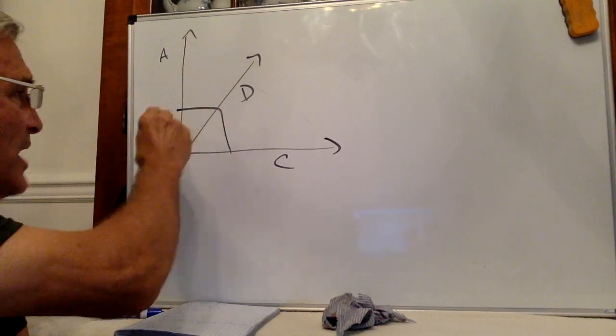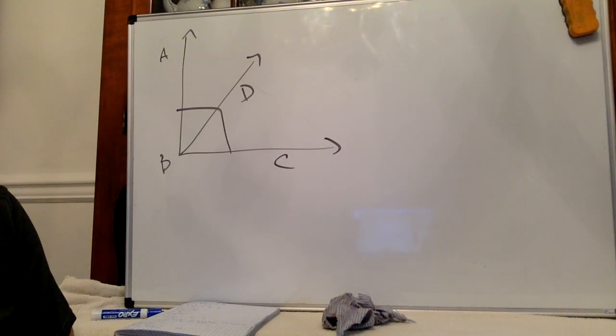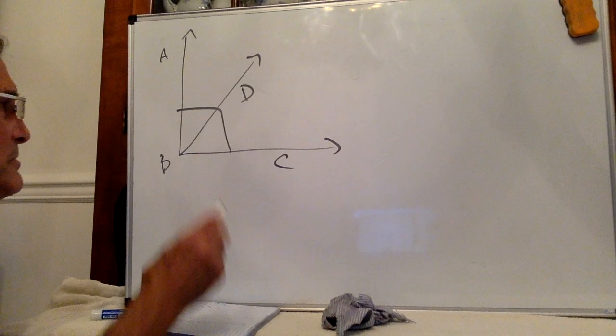Again, the box at the corner means it's a right angle. Angle ABC is a right angle, and they told you that the ratio of the measure of angle ABD and angle DBC is 3 to 2.